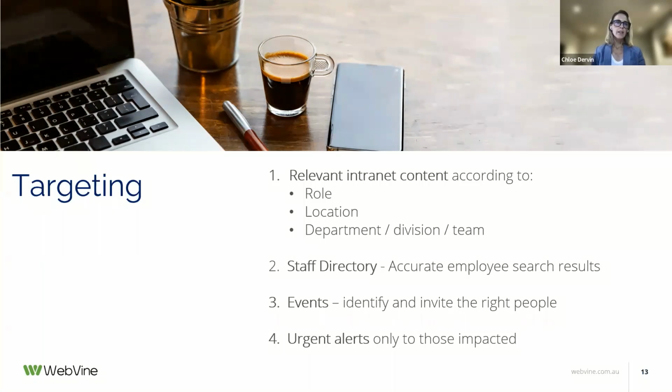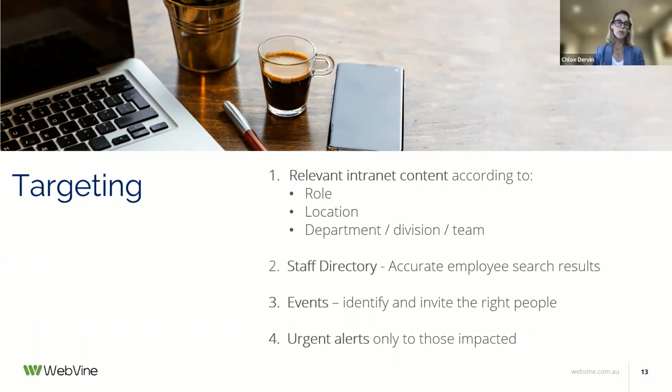Targeting communications makes communications so much more powerful and potent. You can do that, for example, on your intranet. You can slice communications according to role or location, department, division, team, all based on Active Directory fields. Your staff directory becomes so much more powerful when it has those fields applied to it.